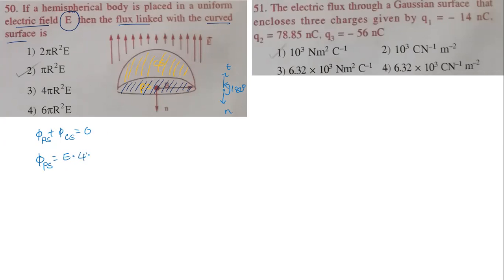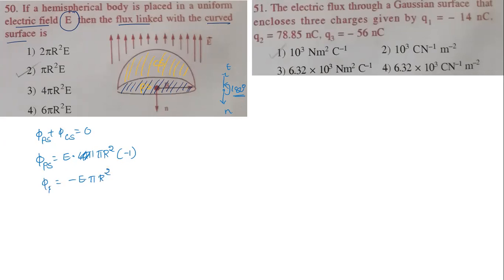The area is not 4 pi r square, sorry, it is just pi r square. It is like a circle, right? So E pi r square into minus 1. Why minus 1? Because cos 180 degrees becomes minus 1. So it will become minus E pi r square.